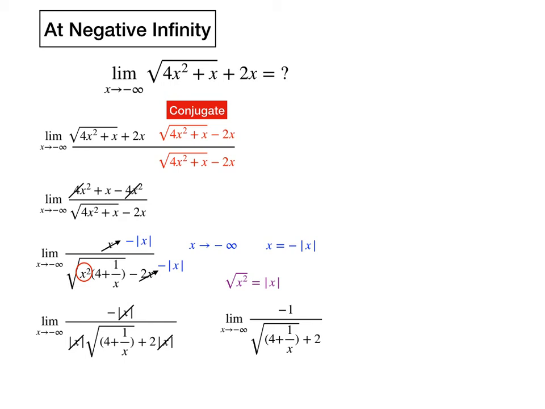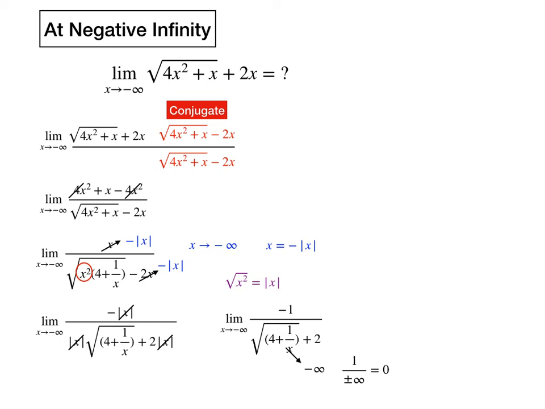At this point, I want to ask again: can I plug negative infinity into x to figure something out? If you plug negative infinity into x, you get 1 over negative infinity.